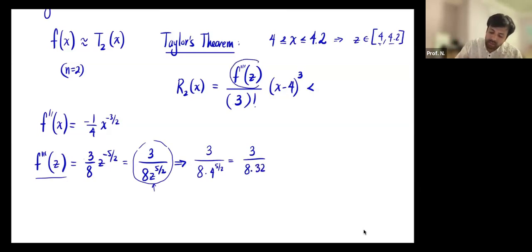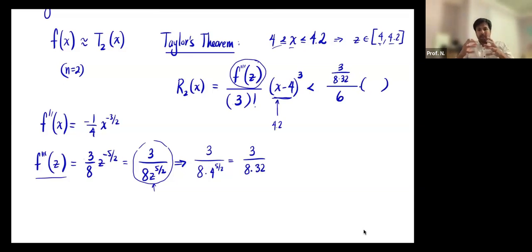So this could be no more than 3/8 times 32, and we'll take care of the computations a bit later. 3 factorial is 6. Now, how big can this be? Well, it can be as big as whatever the x value here would be, and x values range from 4 to 4.2. So the most this can be is if the x value is 4.2 in this case, right?